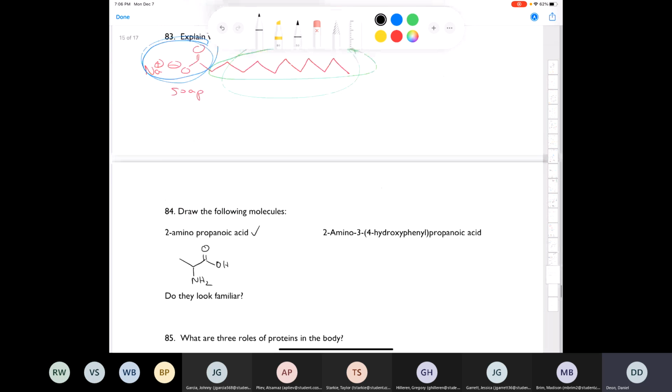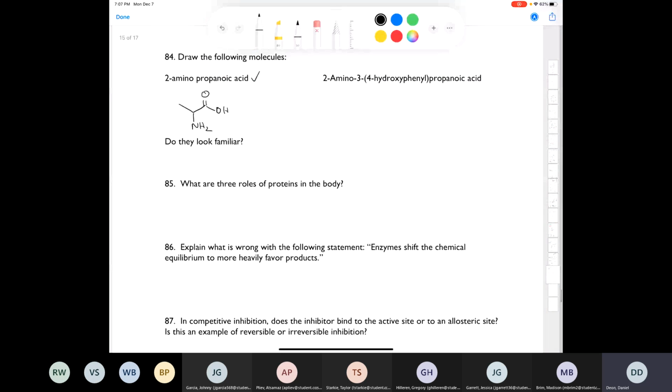And it's asking us to draw 2-amino-3-(4-hydroxyphenyl)propanoic acid. So let's start by drawing 1, 2, 3 propanoic acid like this. On carbon 2, we're going to put our amino, and on carbon 3, which is this here, we'll put 4-hydroxyphenyl. So 4-hydroxyphenyl is just this.